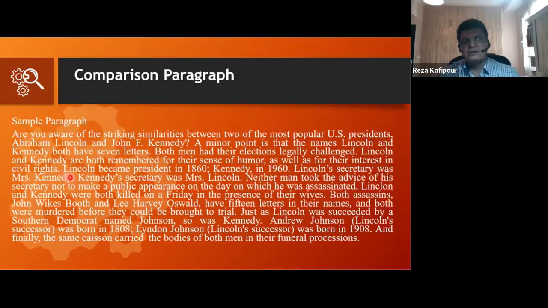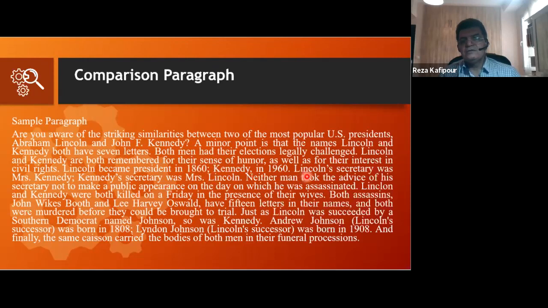Next major supporting sentence: Lincoln became president in 1860; Kennedy, in 1960. As you see here, we use only punctuation to compare these two presidents. But the comparison is based on what? Based on the similar section in the year, which is 60. So this sentence wants to say both of them became president in the same decade, not the same century, the same decade.